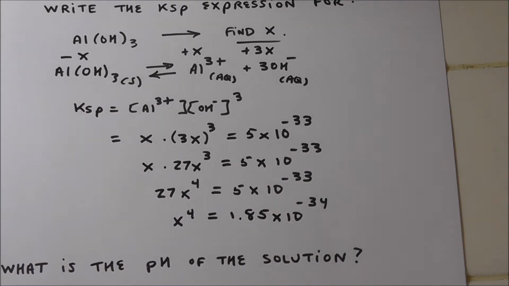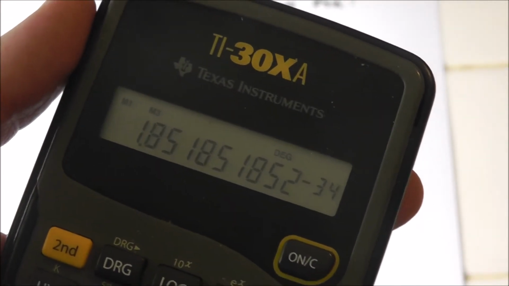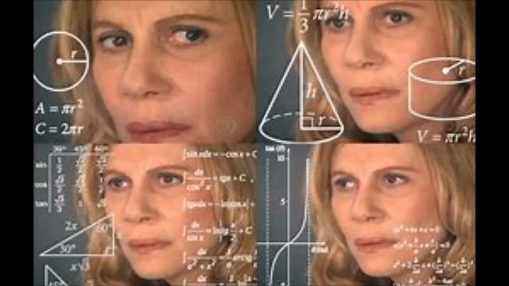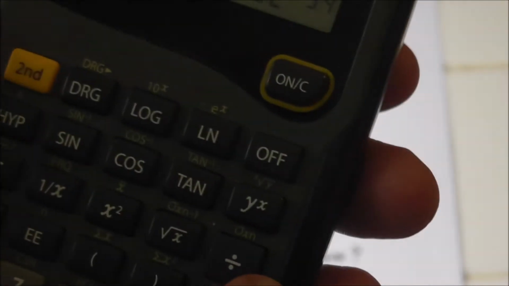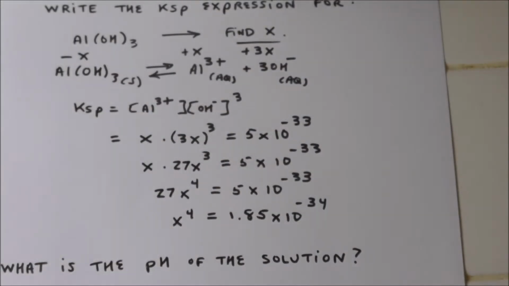And now here's what we've got to do, folks. I'm going to do a 4th root. I've got a y to the x button, and what I can do is go y to the x 0.25. I have to do both sides to the 0.25 power, which is the 1/4 power.